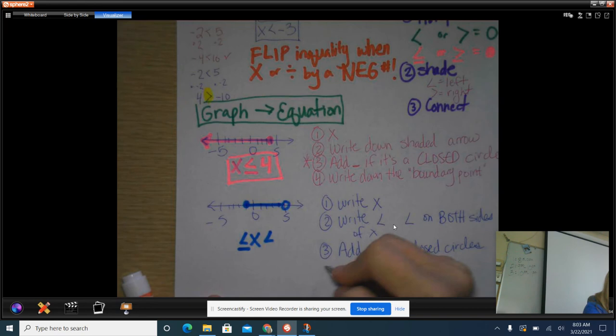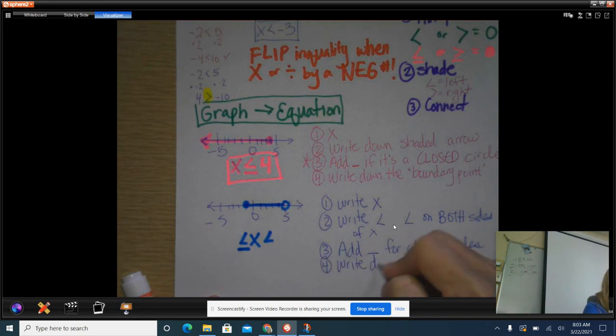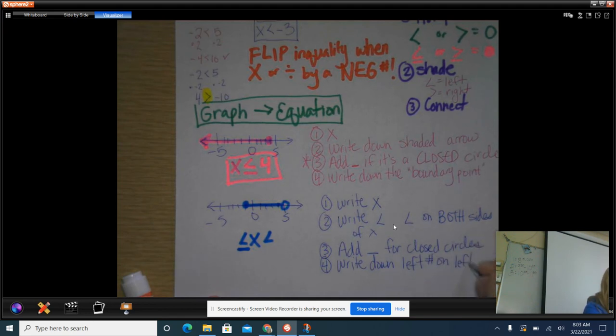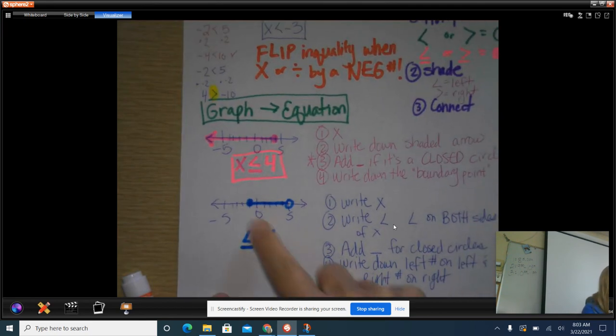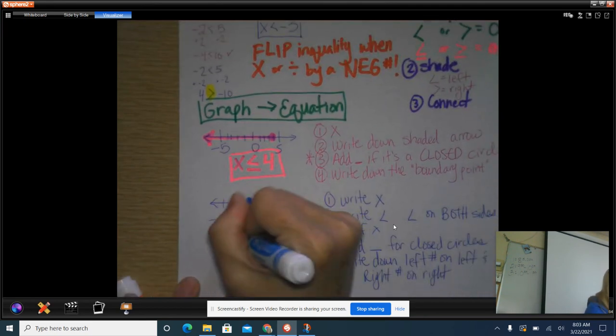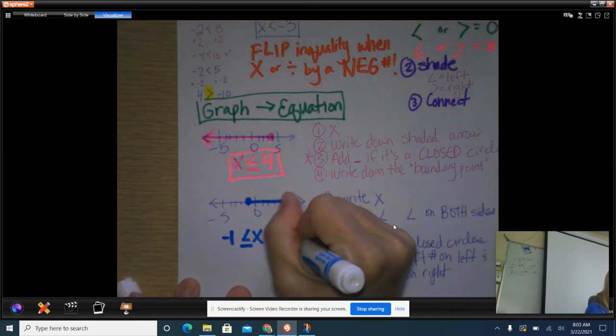Step number 4, write down your left number on the left and your right number on the right. Okay, so as you can see, my left number is -1 and my right number is 5.